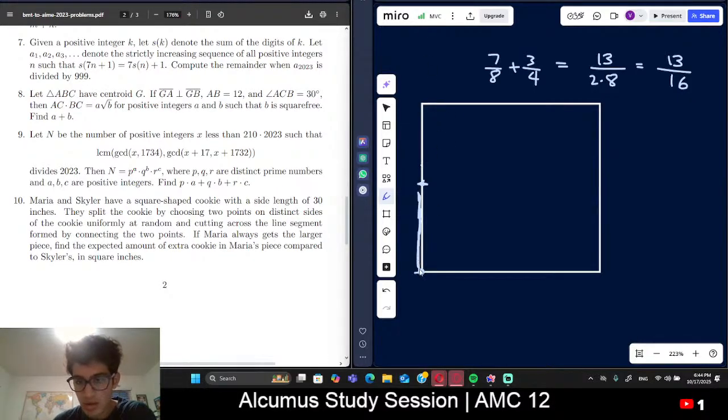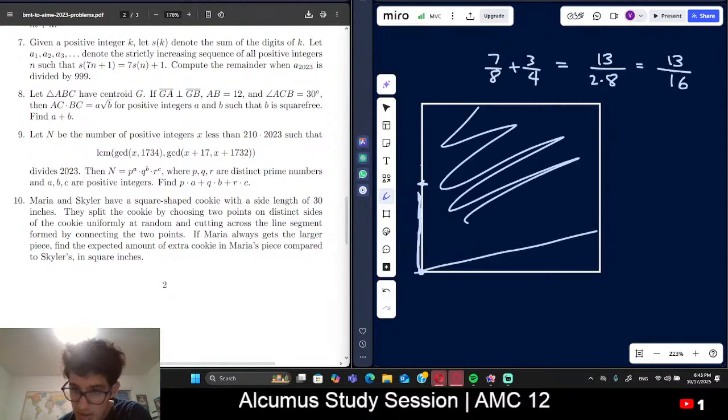Same exact thing now. If you're over here and you go here, what is it going to be? You're now going to be going from 0 to, yeah, so now when you're going from here to here, you're going to actually have this entire area, right?